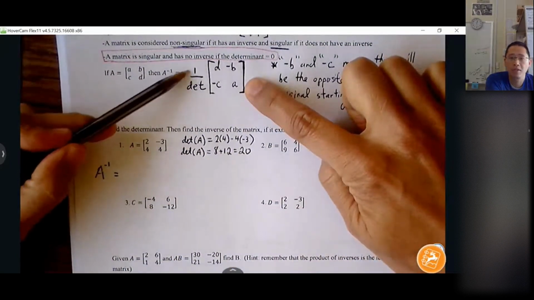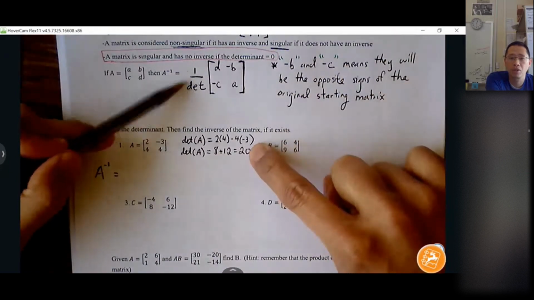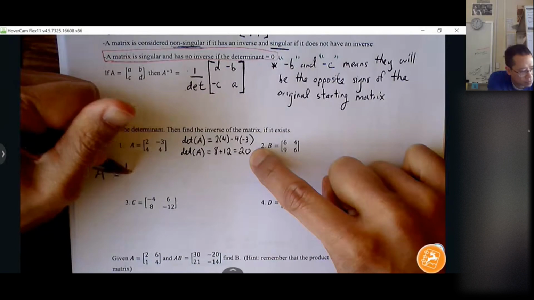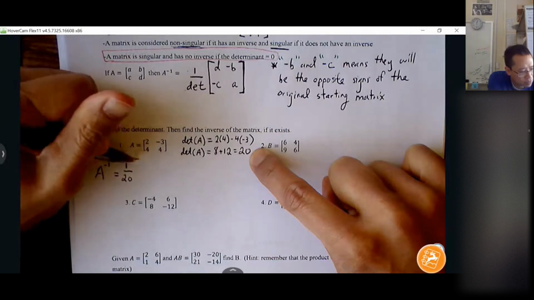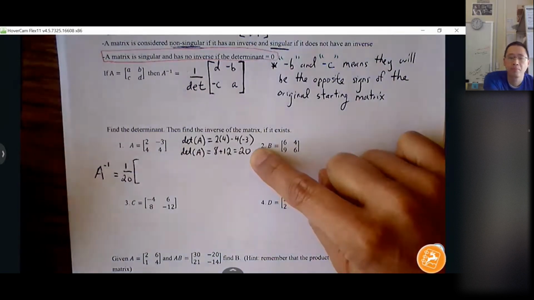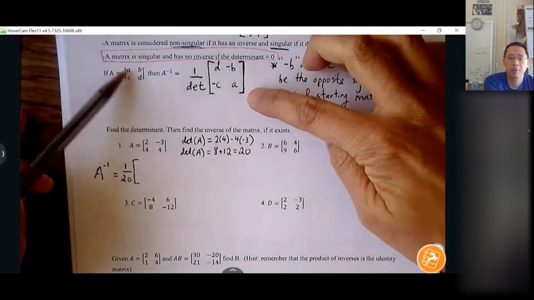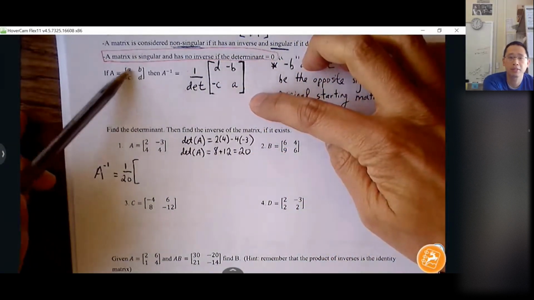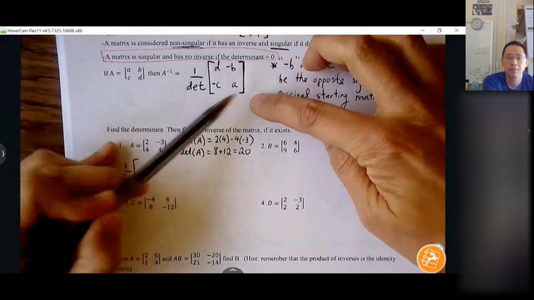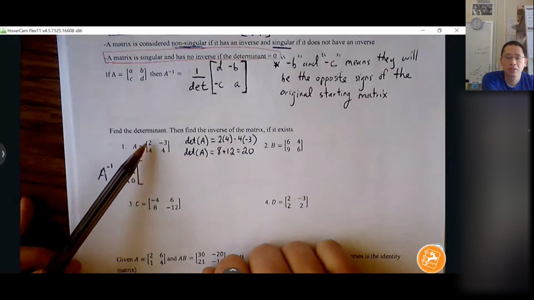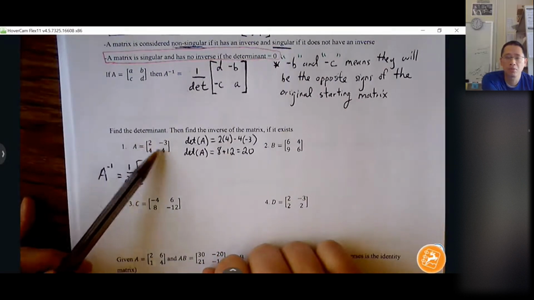Okay, 1 over our determinant, so 1 over 20, basically is going to be a coefficient value in front. And we're going to do some rearranging of our original matrix. We're going to make these two values swap places. So A and D will turn to D and A. The 2 will become a 4. The 4 will become a 2.